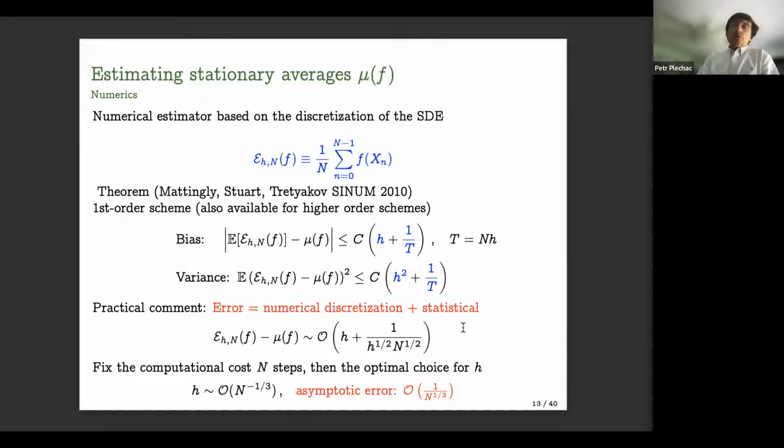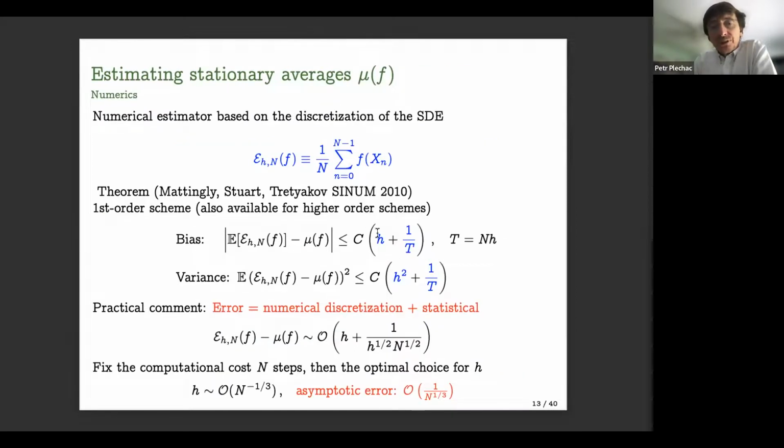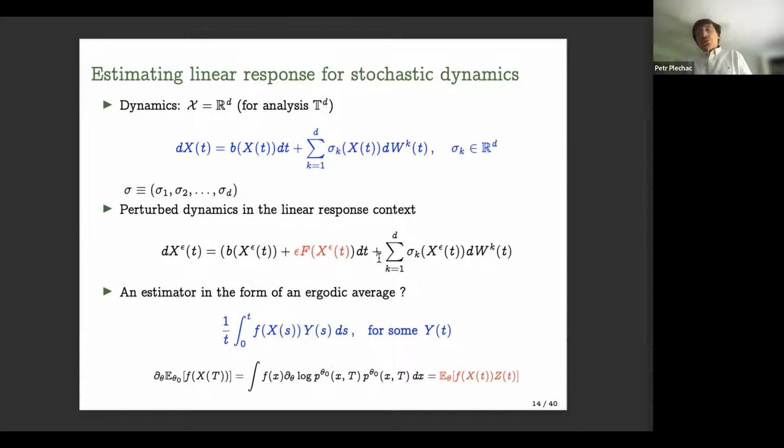So these are known results, and it would be nice if something similar happened for estimating the derivatives of these observables with respect to parameters. Unfortunately, that's not the case. So our goal is to derive similar results for the derivatives of the observables with respect to parameters, and find what is a consistent construction of this reweighting process.